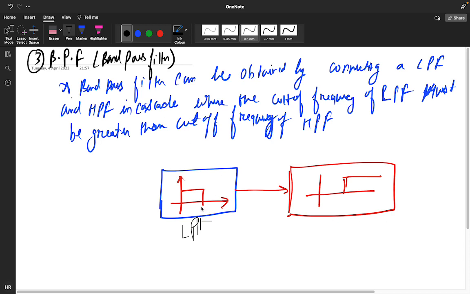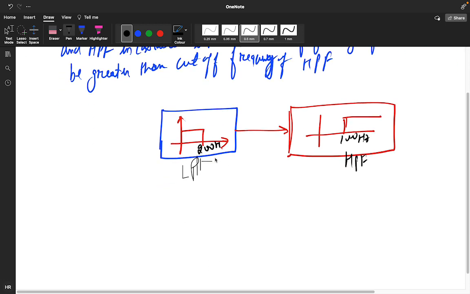If I take this as 200 hertz, and this high pass filter as 100 hertz cutoff frequency, what will be the result? We'll get the combined result. What we'll get? 100 hertz to 200 hertz. It will pass the signal.